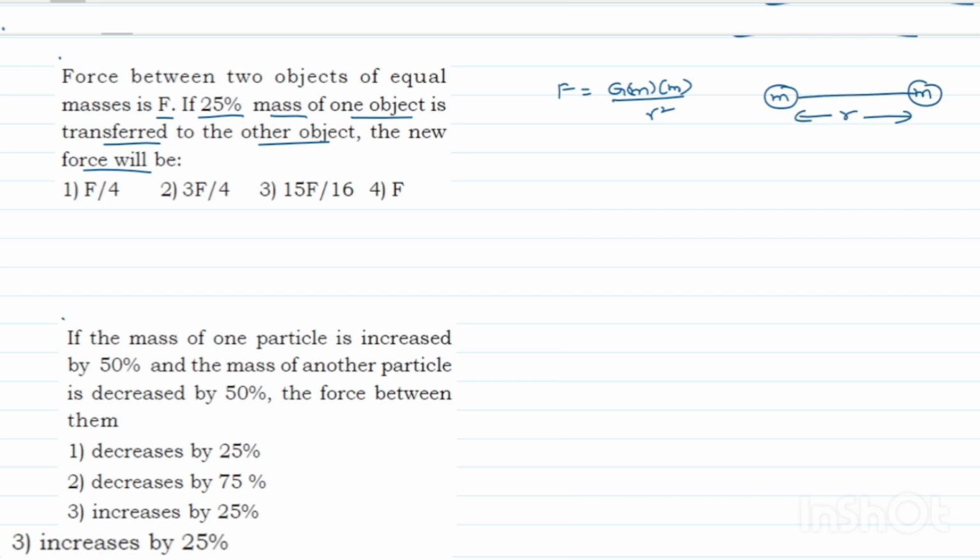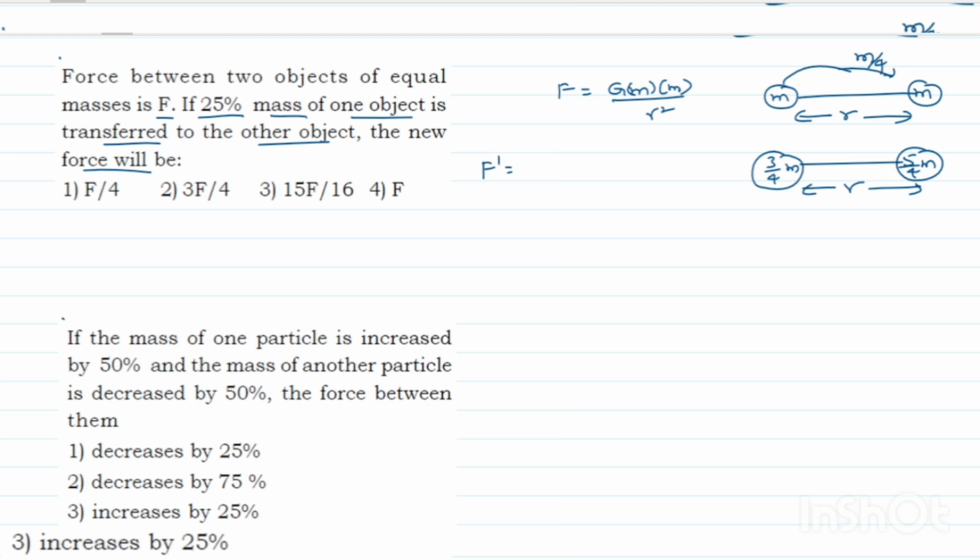So if 25% is transferred to the second mass, the remaining mass will be m minus m by 4, which is 3 by 4 m left over. And m by 4 mass is transferred, so m plus m by 4 will be 5 by 4 m. This is the new mass, and these two are separated by distance r.